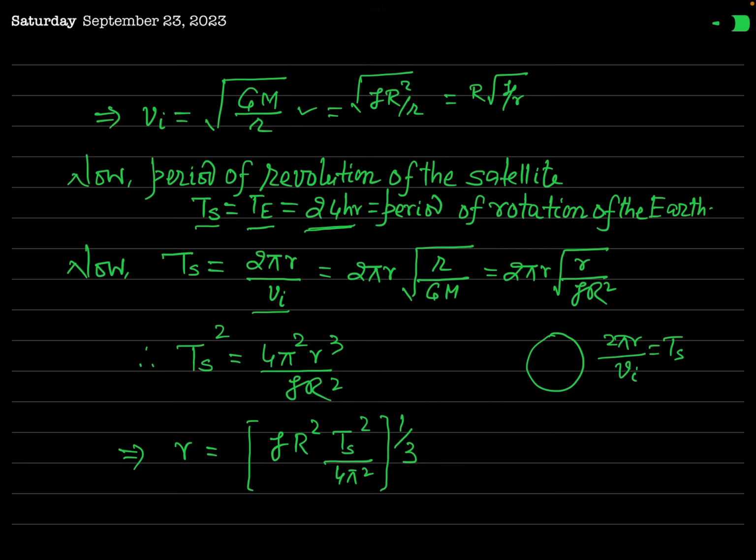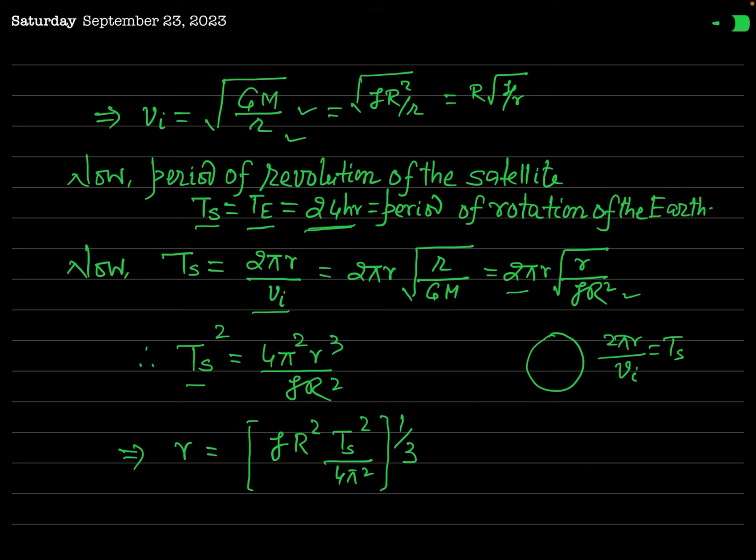But vi you have calculated here, so this will be 2 pi r root over r by GM, and I have substituted this gR square here in place of GM, you can see. So Ts is equal to 2 pi r times a square root of small r divided by g capital R square. Now if you square this expression both sides, what will be your result?